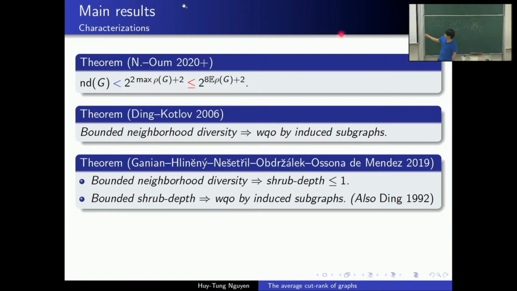And in 2019, Gajarský, Hliněný, Nešetřil, Obdržálek, and Ordyniak showed that the class of graphs of bounded neighborhood diversity has bounded shrub-depth. And the class of graphs of bounded shrub-depth is well quasi-ordered by induced subgraphs, and this was also by Ding, 1992, right?